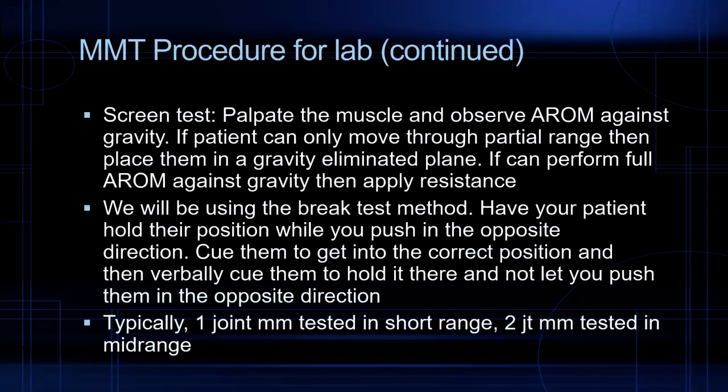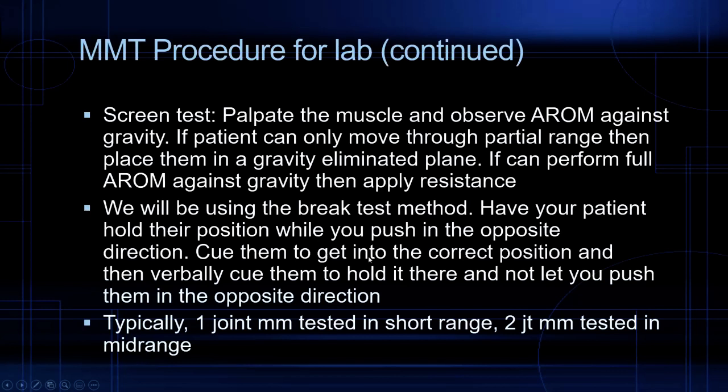Now, this is why I was so adamant that you learn those ranges for goniometry, because you have to know, are they full? Are they half? Are they 3/4? Okay. You apply resistance. Do the brake test method if they have full range of motion against gravity. Okay.